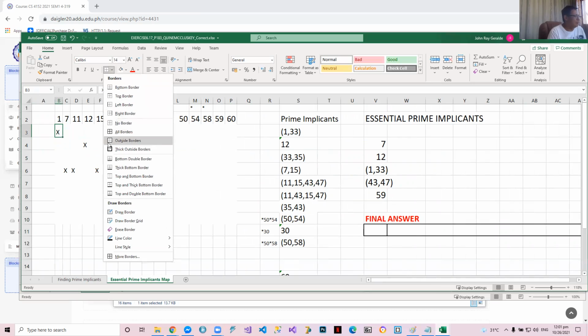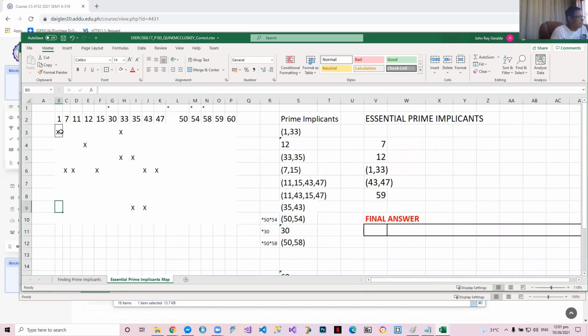So we'll outside border this. Okay, siya lang mag-isa dyan. How about this? Siya lang din mag-isa dito. This is also an essential prime implicant kasi siya lang mag-isa.